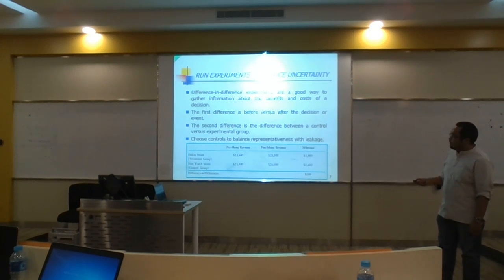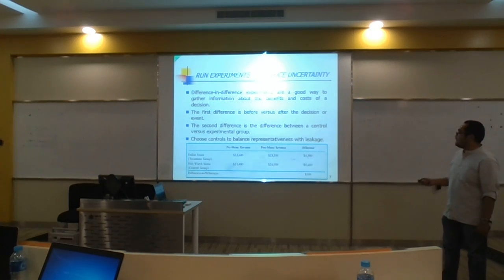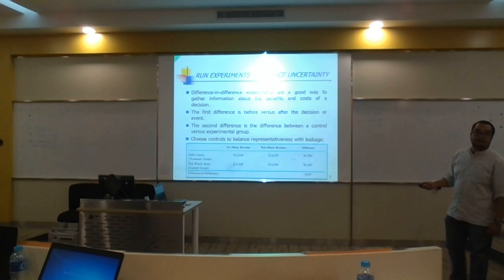The prior revenue in Dallas, where we introduce a new menu, is 23,600 and the post menu revenue is 28,500. The difference is 4,900. In Fort Worth, the difference between pre-menu and post-menu revenue without any new menu introduced is 4,600.